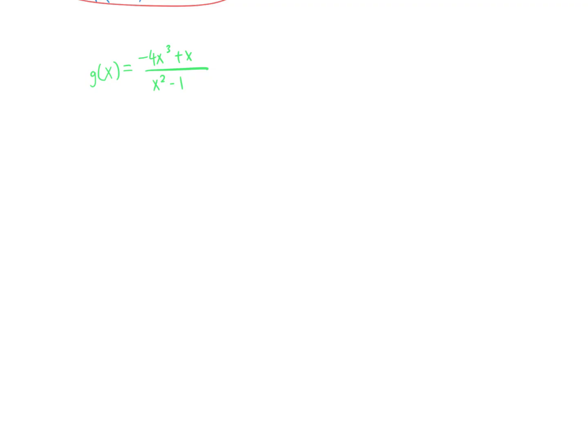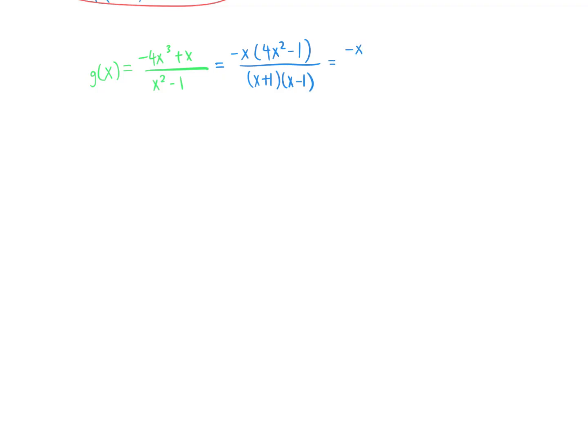So first, we're just going to do our advanced functions knowledge, which is I need to factor this, I need to find intercepts, I need to find asymptotes, and potential crossover points. So I'm going to factor. I'm going to take out a negative x, so that we're left with 4x squared minus 1. That means I have a difference of squares on top. I also have one on the bottom, so I'll factor that.